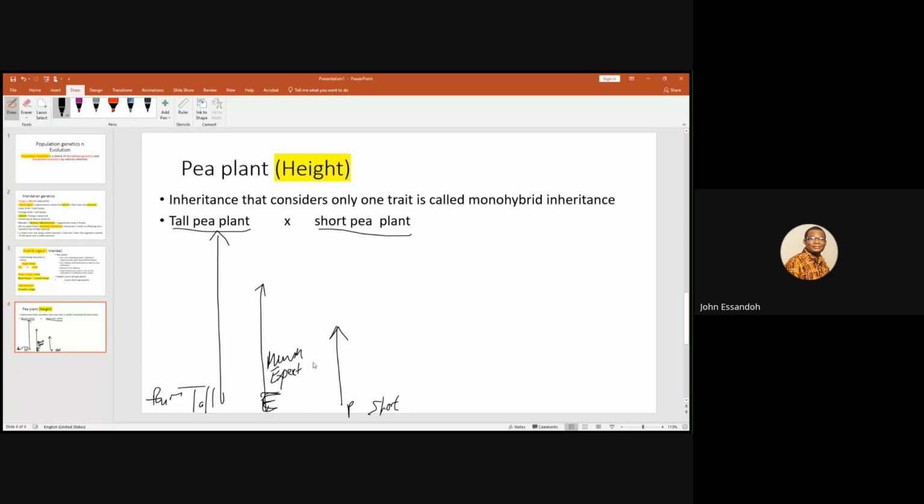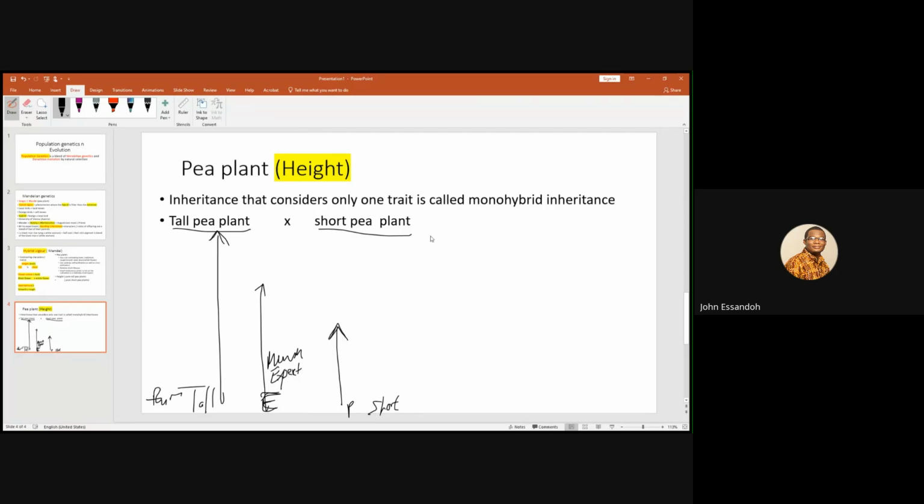Good. So Mendel crossed tall pea plant and short pea plant, and Mendel was expecting, because during that time, the existing theory was blending inheritance, that the offspring, the children, should be in between. Their height should be in between the tall and the short, should have average height, average of the tall and the short.